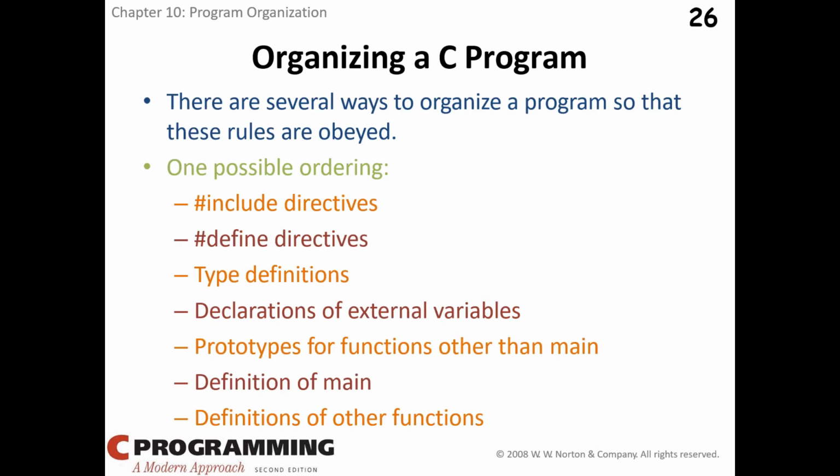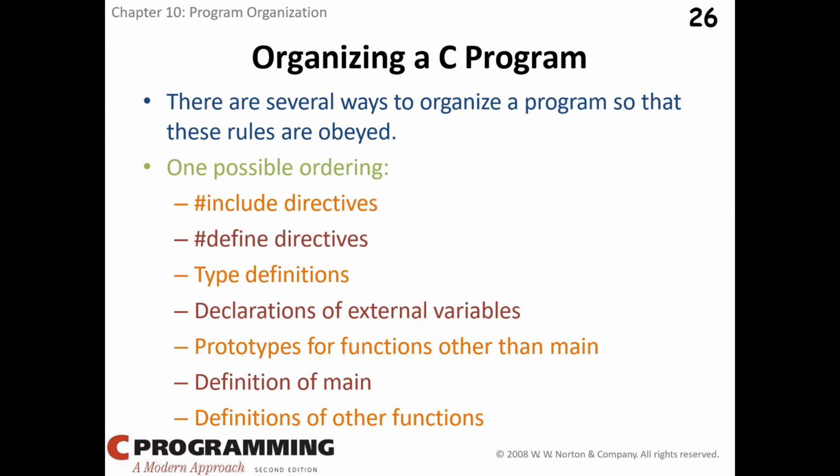There are also several approaches that we can take, and one of the most common organization methods is as follows. Firstly, we include any necessary header files using include, and this ensures that the necessary libraries and resources are available for our program.